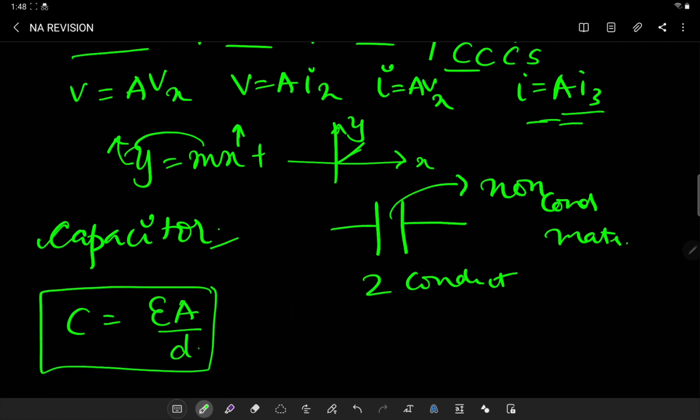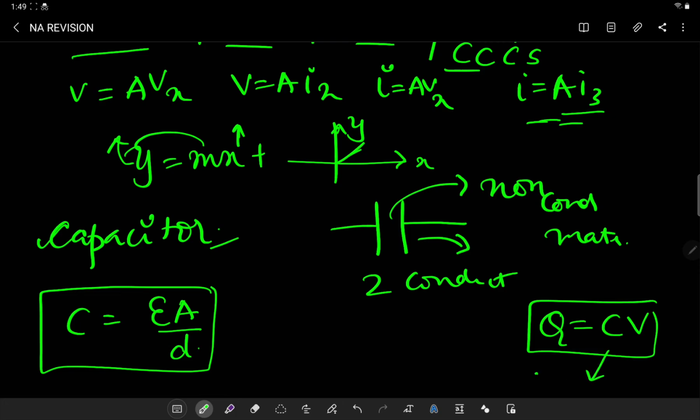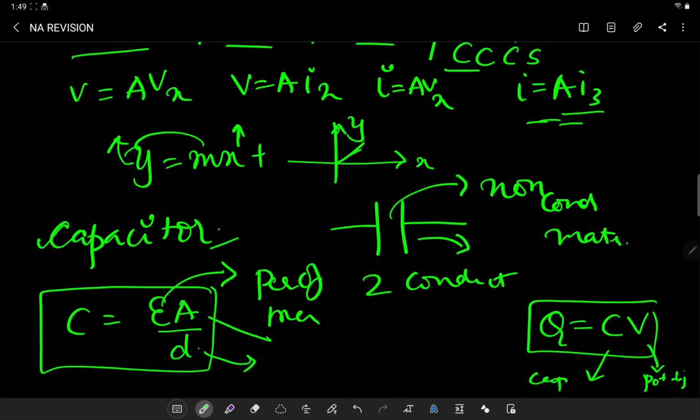And also we have to remember the charge stored in this capacitor is Q is equal to CV, where C is the capacitance, V is the potential difference between the plates, epsilon is permittivity of the medium, D is the distance between the plates, and A is the area of the plates.